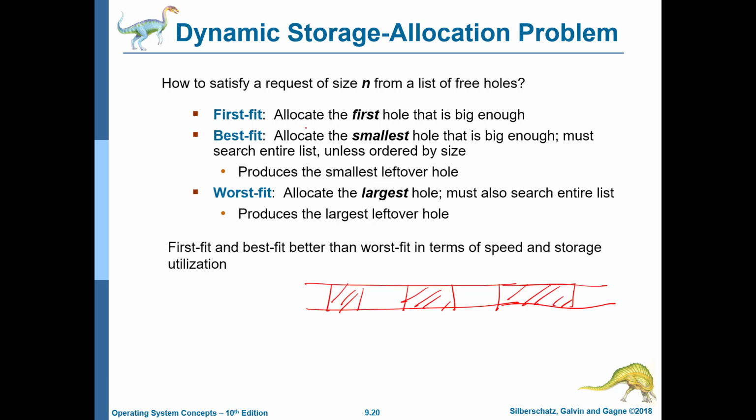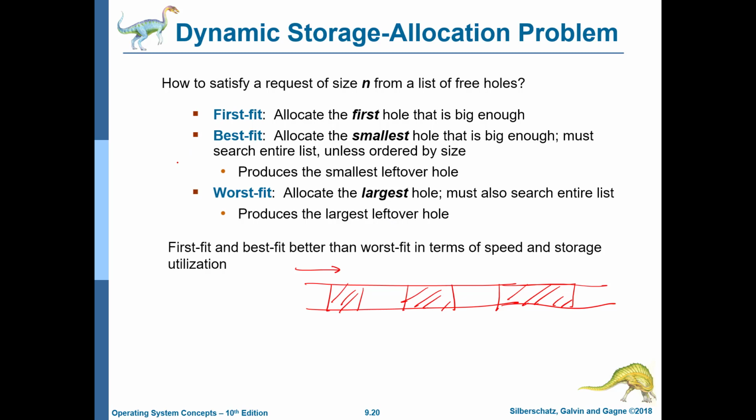So one is first fit. You start scanning, let's say from the left, lower to higher addresses, and find the first hole that is big enough. The other is best fit. For first fit, you can have the list of holes as a linked list and traverse the linked list. The only problem is in the worst case, it could take order n time. The other is that you could maybe have a priority queue.